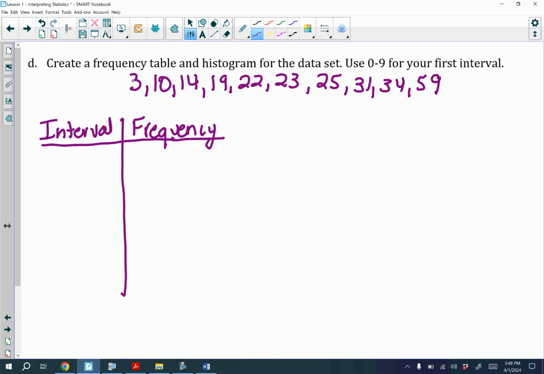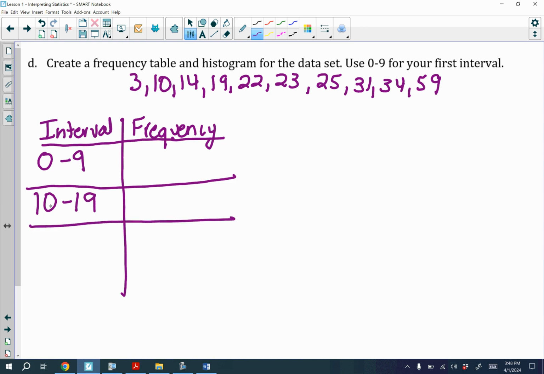So for our interval, we're going to start from 0 to 9 because it told us that's where we're going to start. Now remember, when we do our intervals, I now need to include 10. Notice I'm going for 9 values. So I go from 10 to 19. Now I've got to do 20 to 29. Notice my intervals are in 9, so I'm keeping that up.